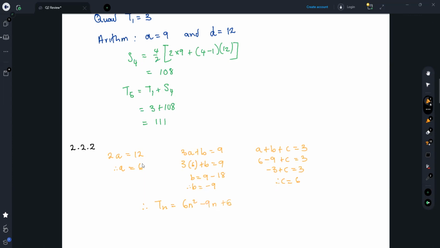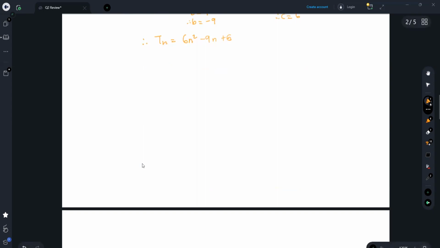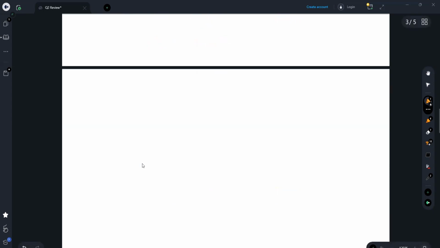Remember that we had to fill in the missing. So this is Tn is equal to an squared plus bn plus c, where we had to find a, b, and c. And now in this case, we have shown that. Right. Let us go on.